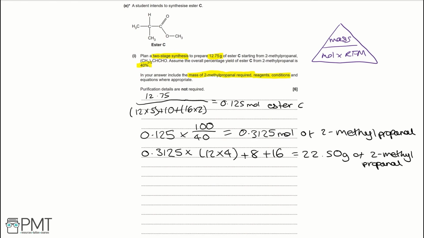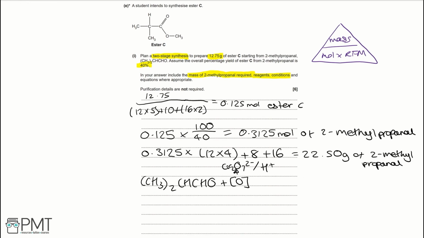Now we need to write the relevant equations for 2-methylpropanal and how we're going to then form our carboxylic acid and our ester. So firstly, we're going to do our (CH3)2CHCHO plus our oxidizing agent, which will be Cr2O7 2- or dichromate ions.